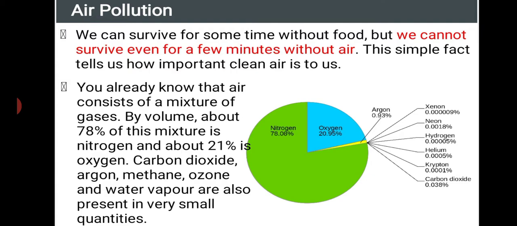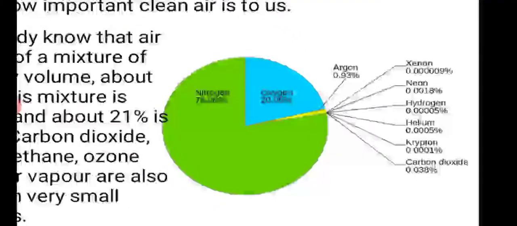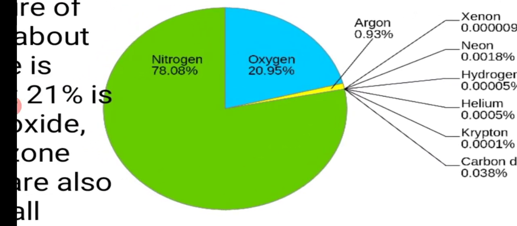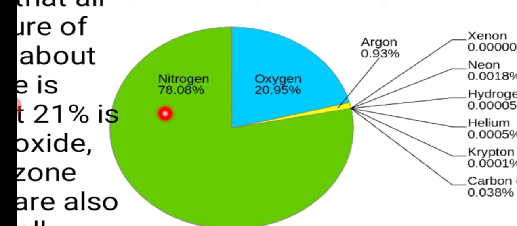You already know that the air present in the environment consists of a mixture of gases. 78% of this mixture is nitrogen and 21% is oxygen, and carbon dioxide, argon, methane, ozone and water vapor are also present only in small quantities. In this picture you can see nitrogen at 78%, oxygen at 20% and argon at 0.93%.